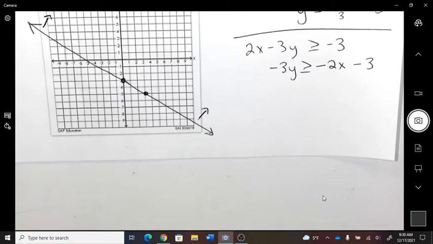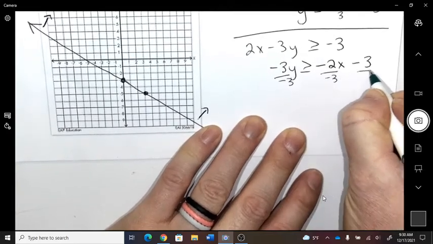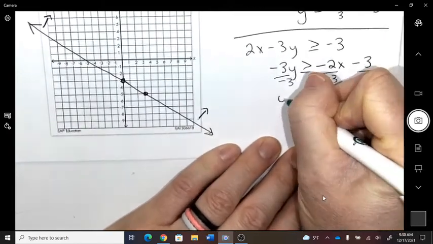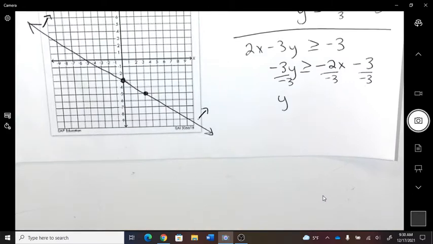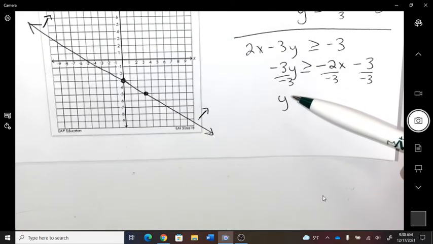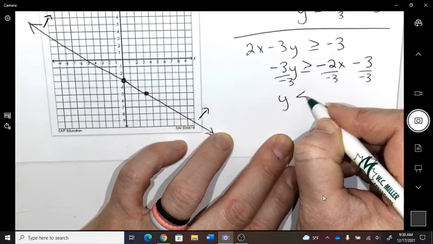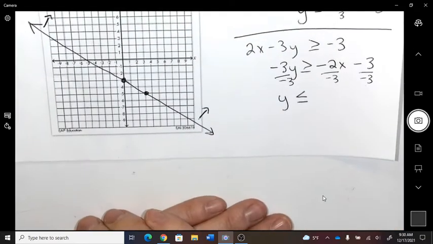Okay. Now I'm going to have to divide by -3. Something crazy just happened though. Remember a rule? If you divide by a negative, do you remember something weird that happens? Your inequality sign is going to flip around.